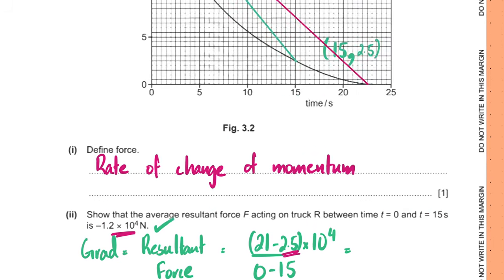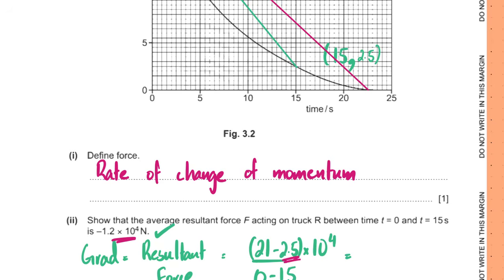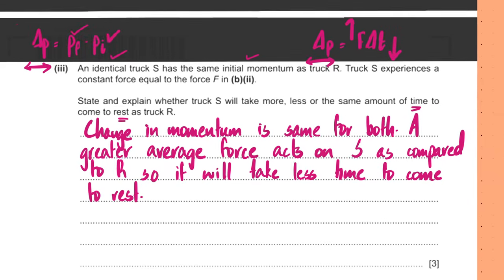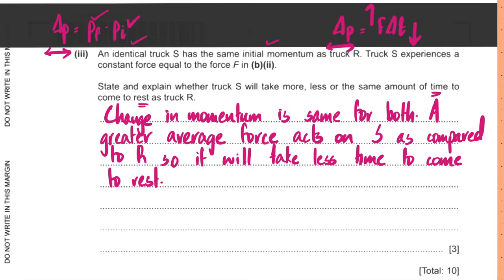But if I look at the graph, R actually takes more time. So this is maybe 23 seconds to come to rest. So this one actually takes less time. And again, it's the same reasoning, right? So if you want to refer to the equation, you can.